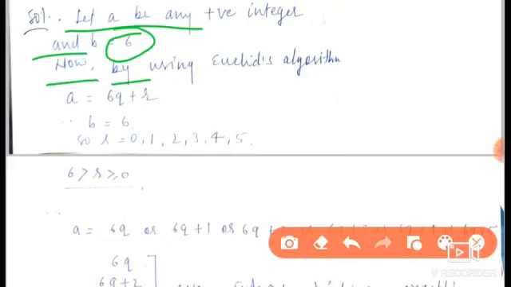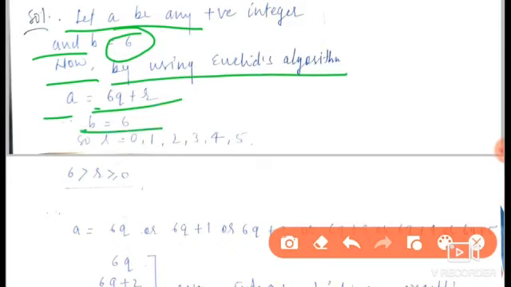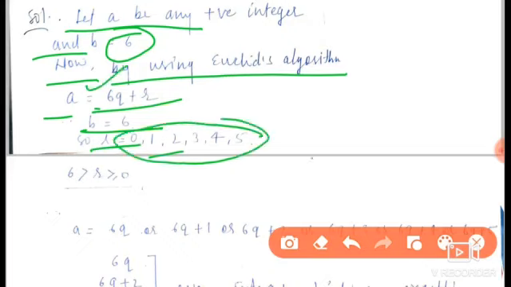Then by using Euclid's algorithm, a = 6q + r, where b = 6. The remainder I already explained in the beginning itself. The remainder is equal to 0, 1, 2, 3, 4, 5, because the remainder is always less than 6. So b is always greater than the remainder, and the remainder is equal to or greater than 0.